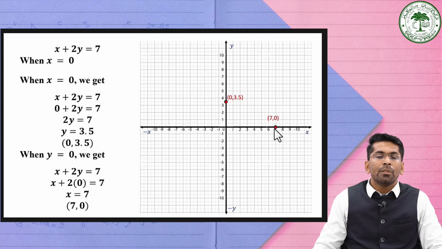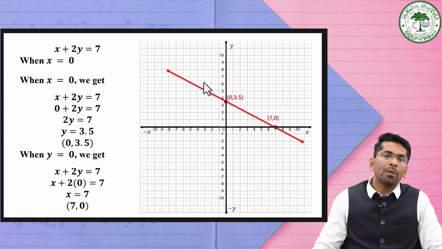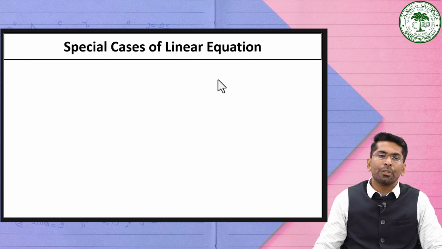So we have an x-intercept term as well as a y-intercept term. By joining these 2 points, we get a straight line, and we can extend it to some extent in the upper portion as well. We will get the graph of the given function, x plus 2y equal to 7. So in this way also you can draw the graph of a linear function.